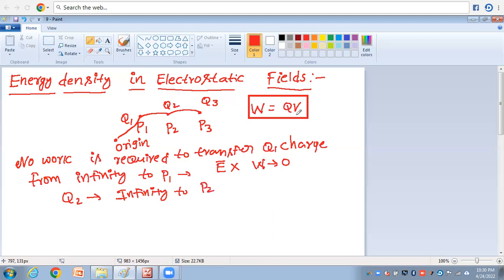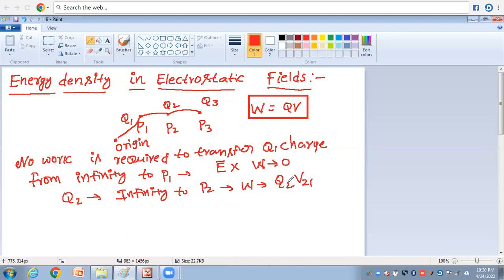This is equal to QV. The charge is Q2, and the potential is V21, the potential at P2 due to Q1.